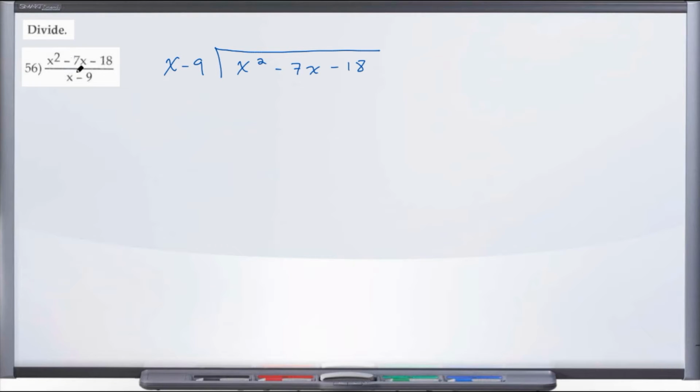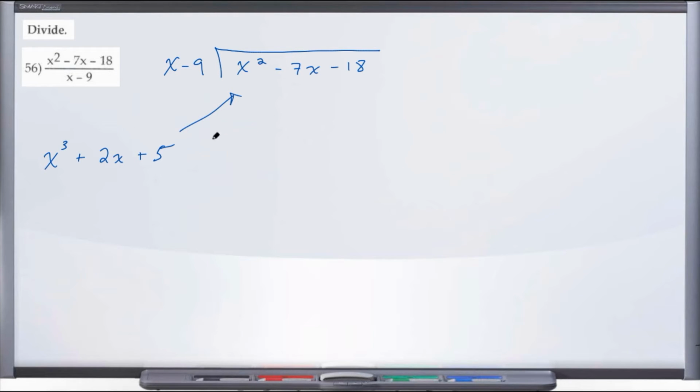And again, you want to make sure that you're filling in any missing terms with a 0. So for example, if we had x to the third plus 2x plus 5, when you're taking this numerator and writing it under your house here, you want to make sure to fill in the missing x squared term with a 0.